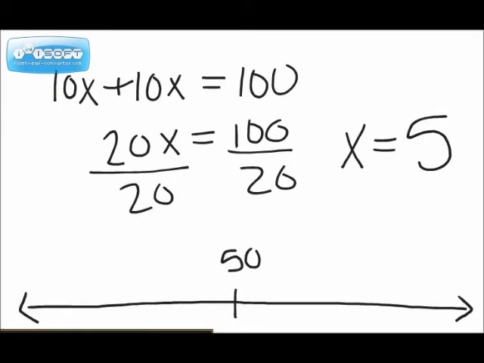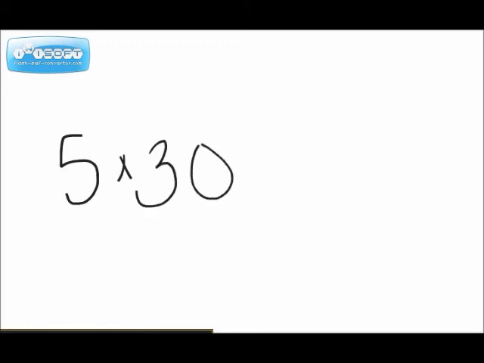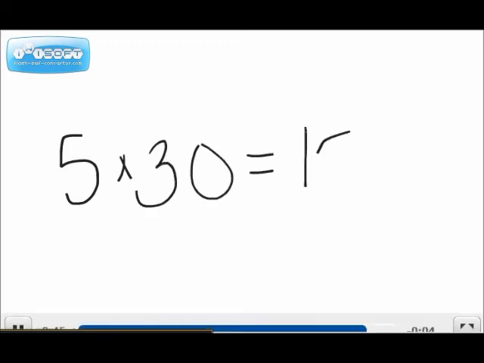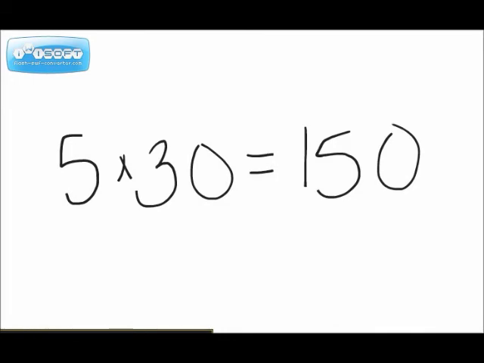If the trains are traveling for 5 hours, so is the fly, because he gets squished when the trains meet. So 5 hours times his constant speed of 30 miles per hour gives us 150 miles of travel.